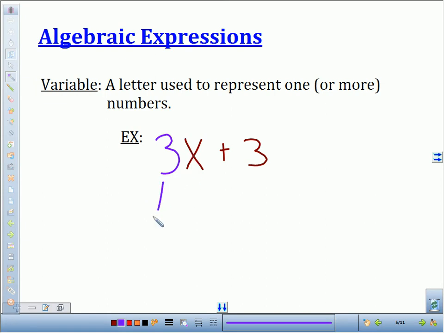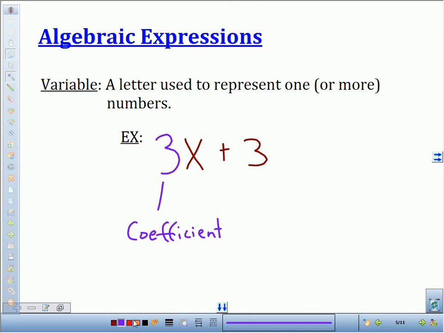This 3 is a coefficient. So a number multiplying the variable is in front of the variable, and it is a coefficient. Usually we will not put these numbers behind the variable because that can get confusing with a power, and we don't want to deal with that.